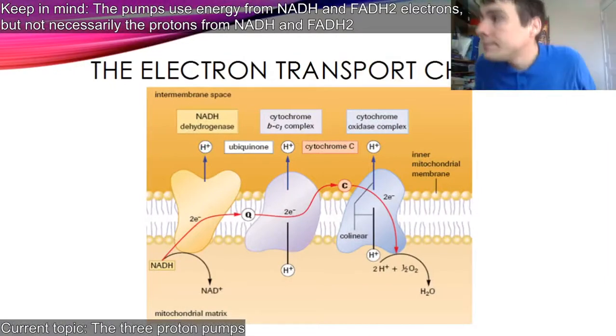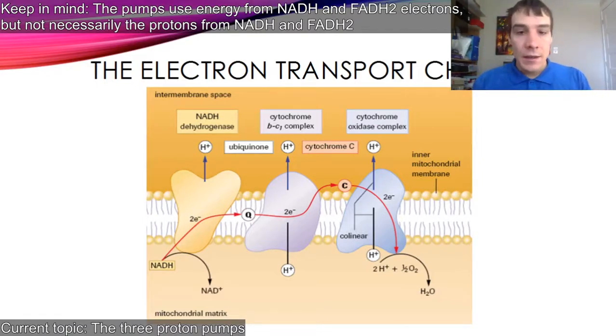Back to this. Okay, so that's the three pumps. They have names based on basically what they do. This one takes the hydrogen away from NADH, so naturally it's called NADH dehydrogenase.